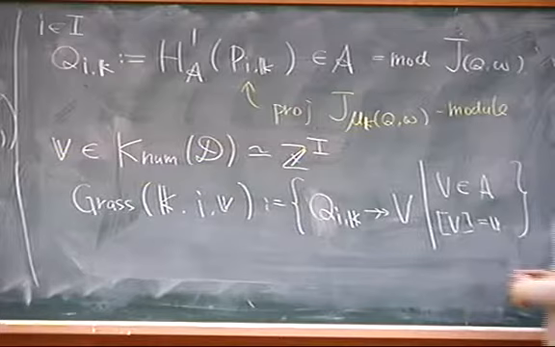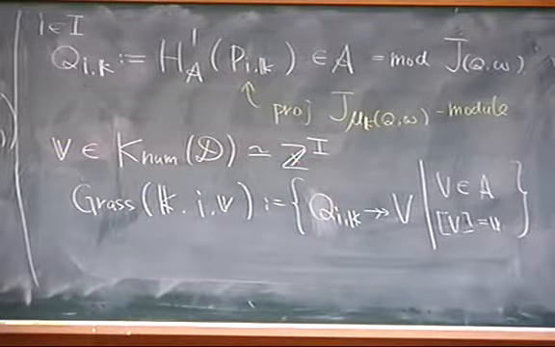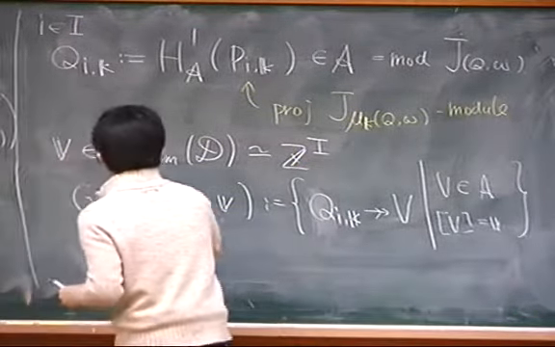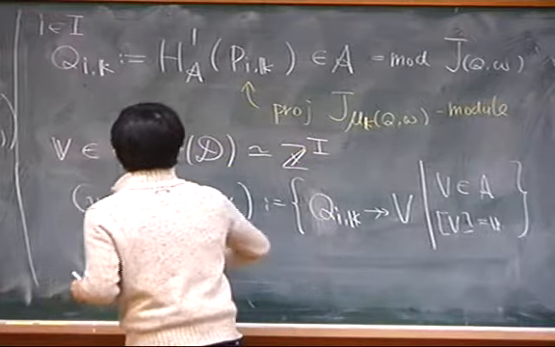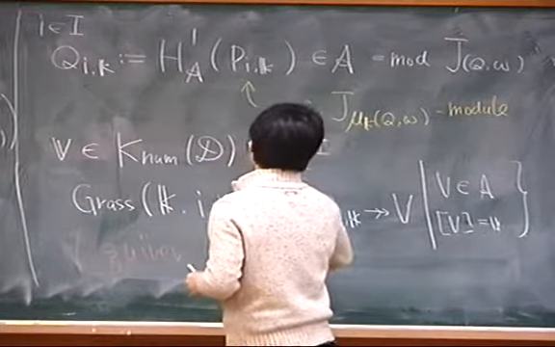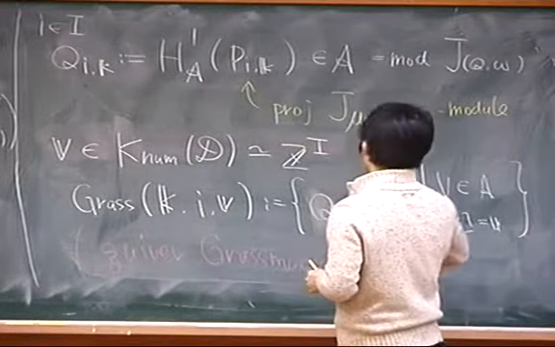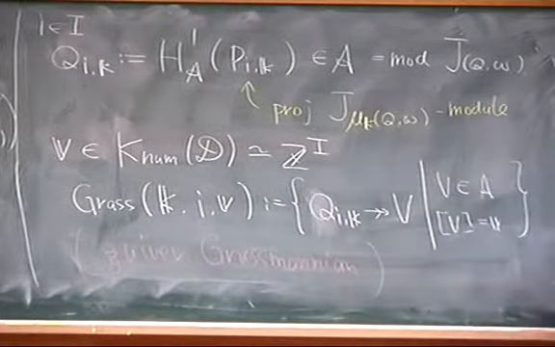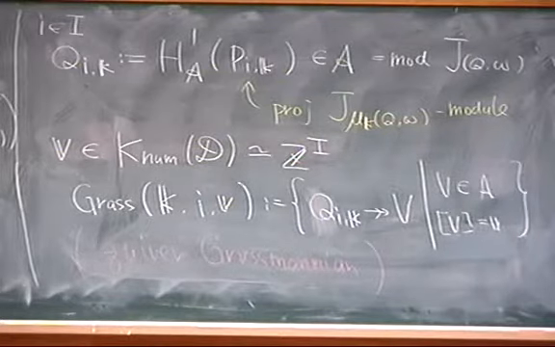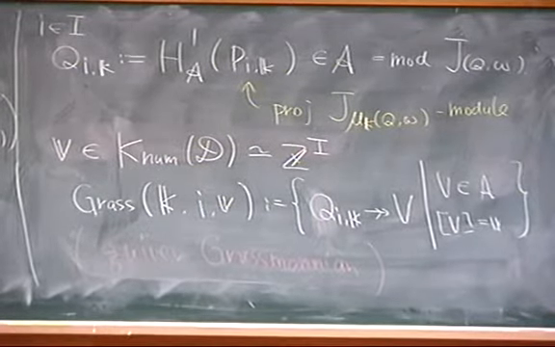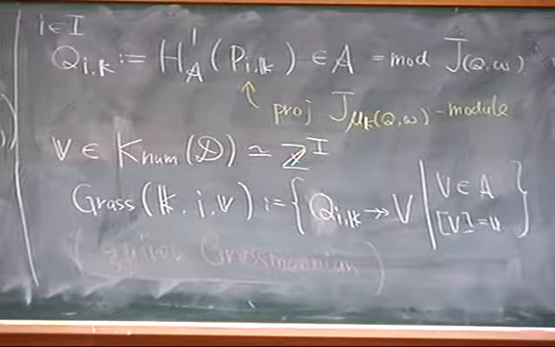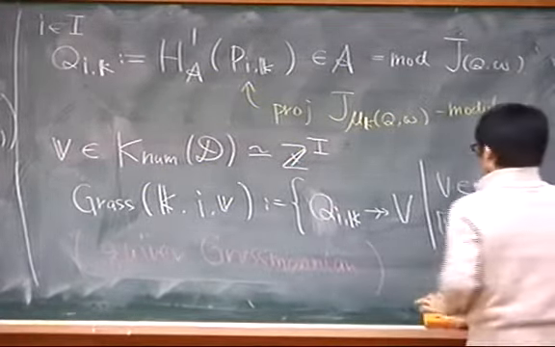This is the so-called Quiver Grassmannian. And now I will define a torus automorphism using the information of this Quiver Grassmannian.